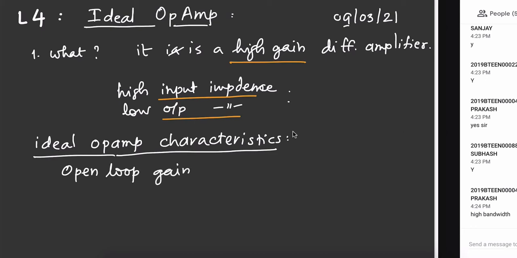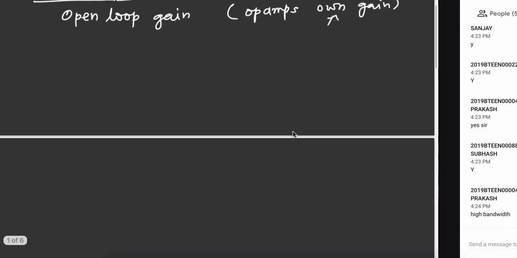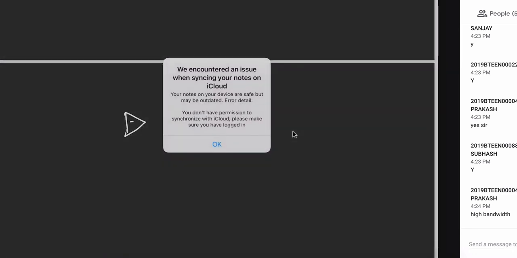This means op-amp's own gain. Now why do we write this? Suppose this is an op-amp.